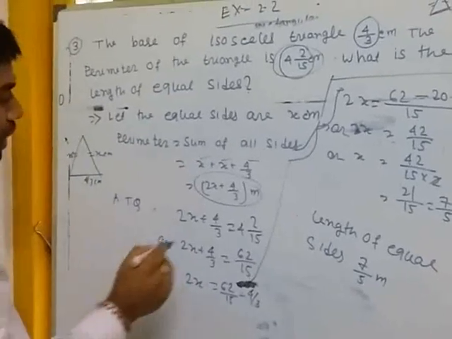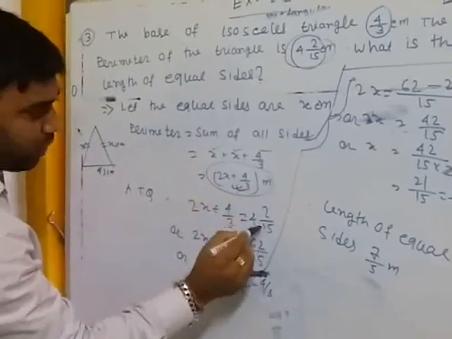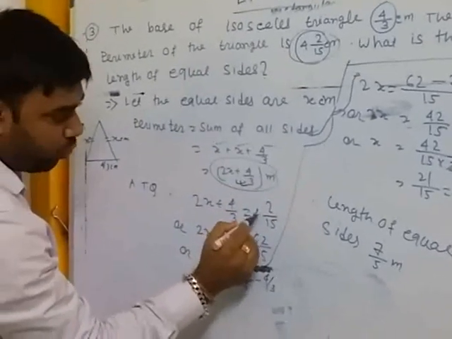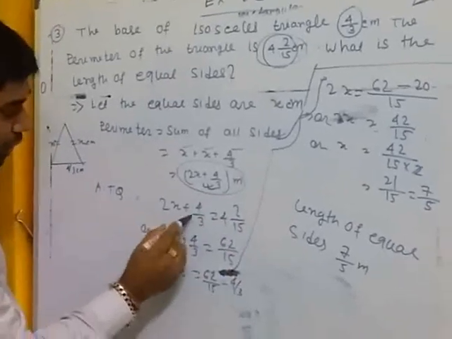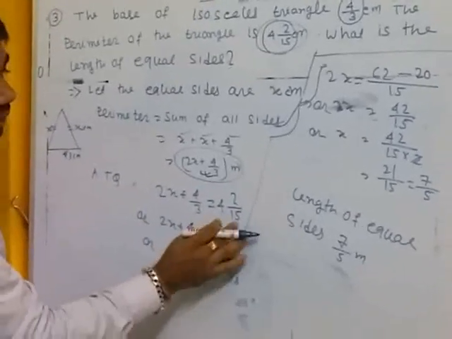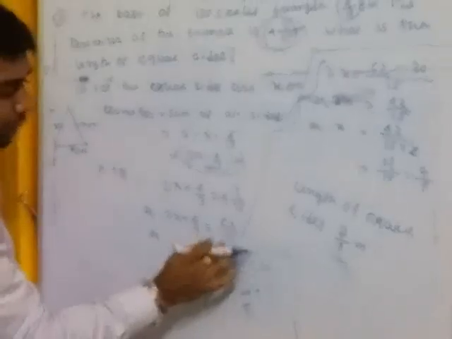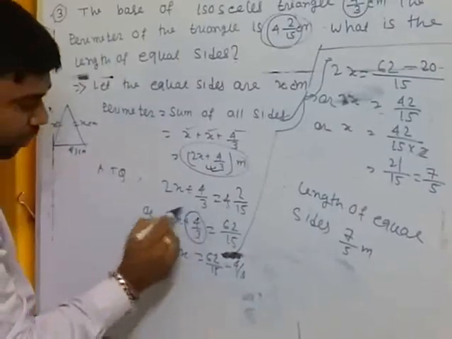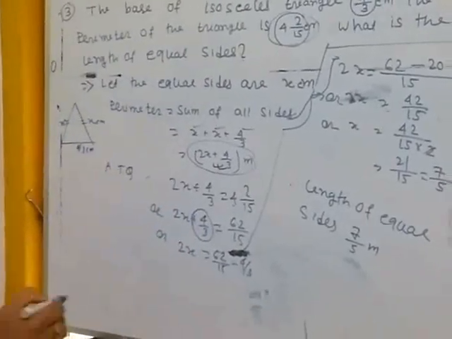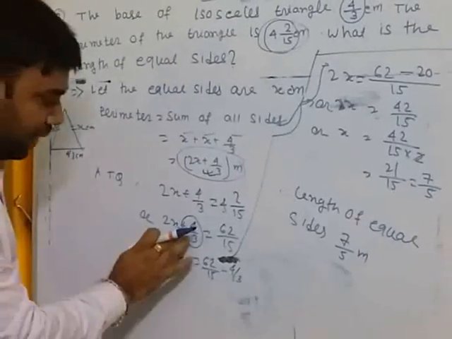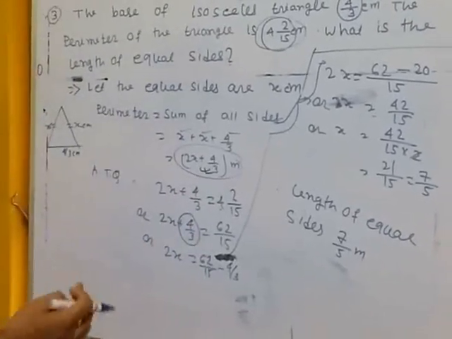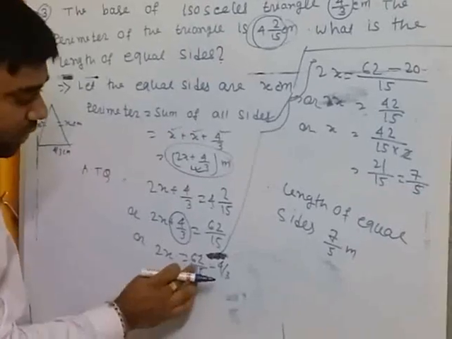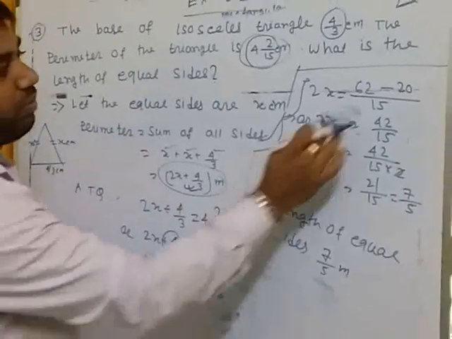So according to the question, this perimeter is equal to 4 whole 2 by 15. 2x plus 4 by 3 equals 62 by 15, since 4 times 15 is 60 plus 2, 62 by 15. If I transpose this 4 by 3, its sign changes: 62 by 15 minus 4 by 3.